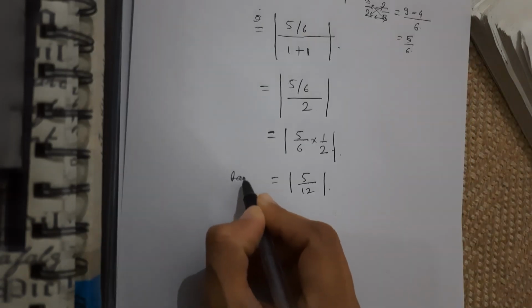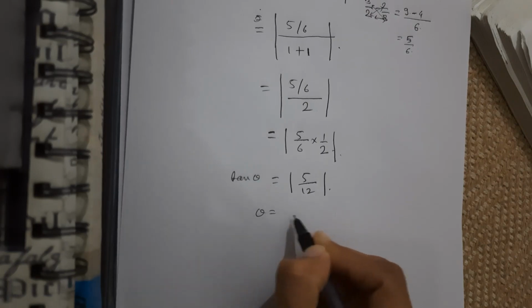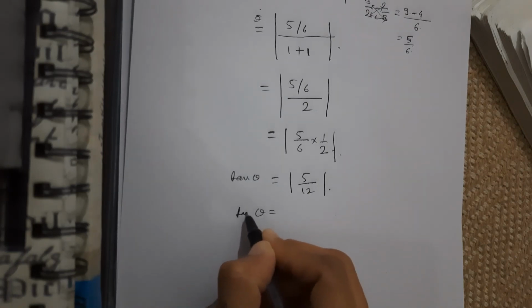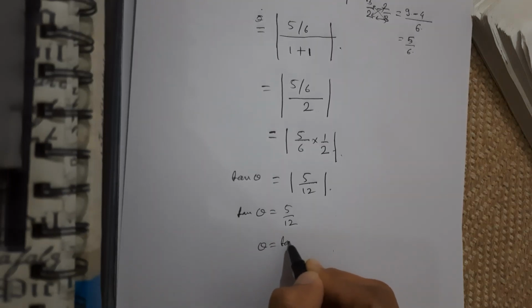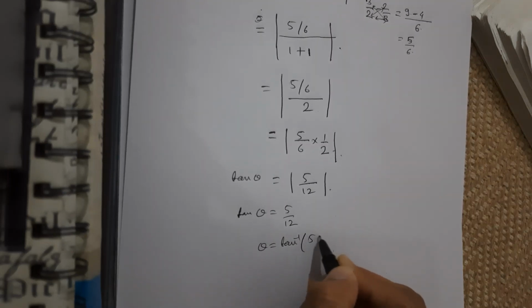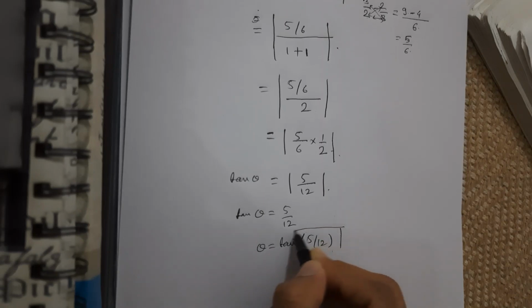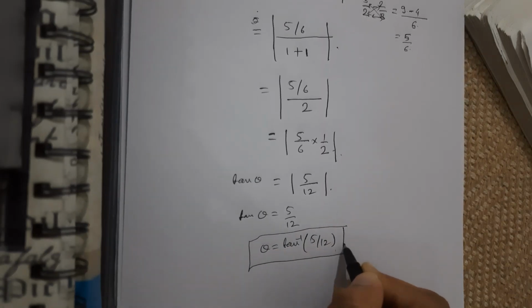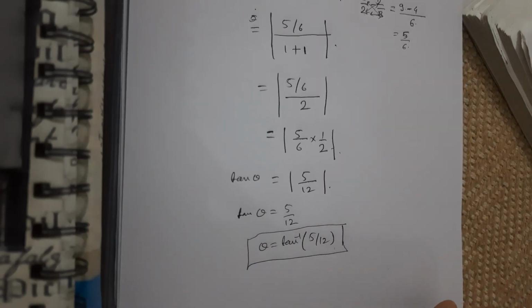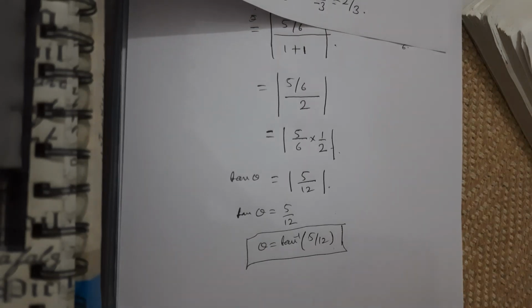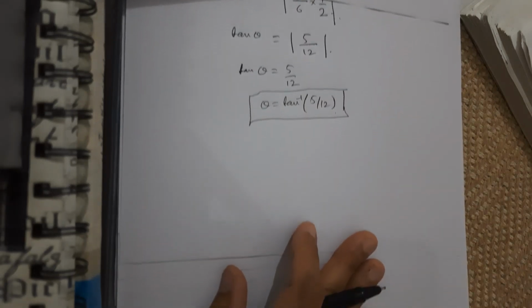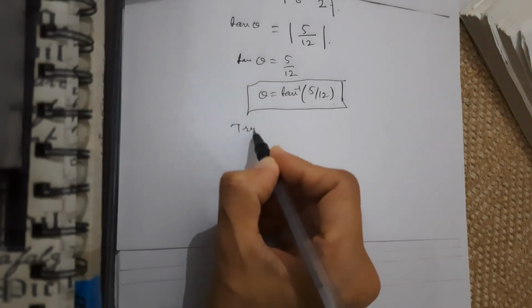This is the tan theta. So tan theta will equal 5 by 12. So theta equals tan inverse of 5 by 12. That's how we calculate the angle between these two lines. Alright. Now I just want you to try this example again.